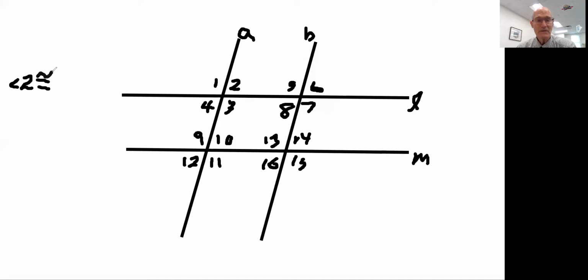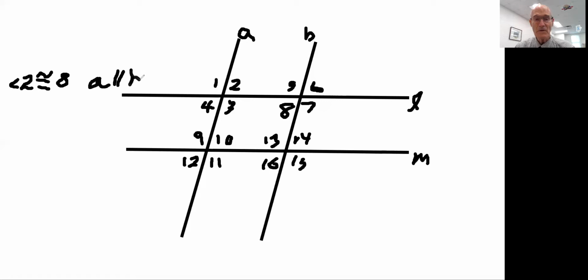So I get my congruent symbol to angle 8. So the question is, which 2 lines does this prove are parallel? So if I look here, here's angle 2, here's angle 8. They are alternate interior angles for line A and B. So that proves that A is parallel to B.